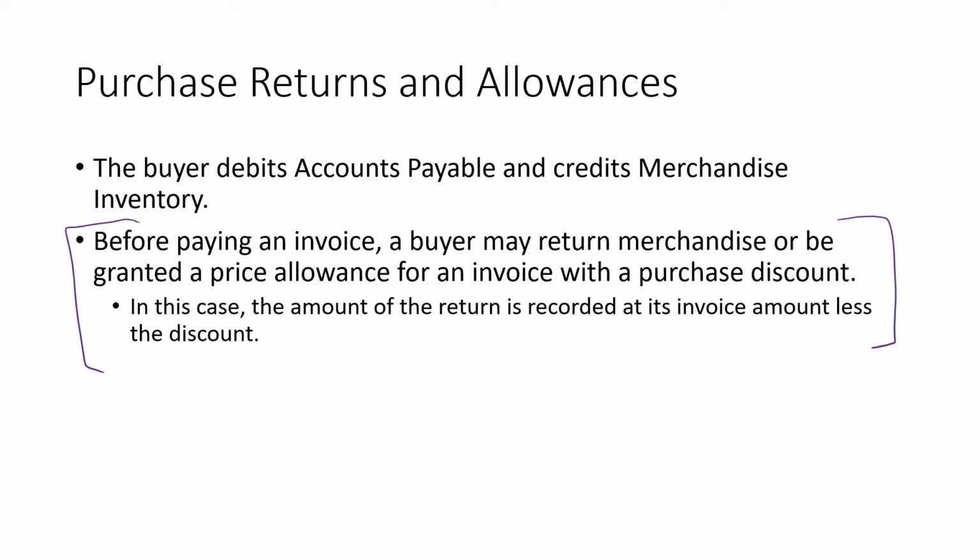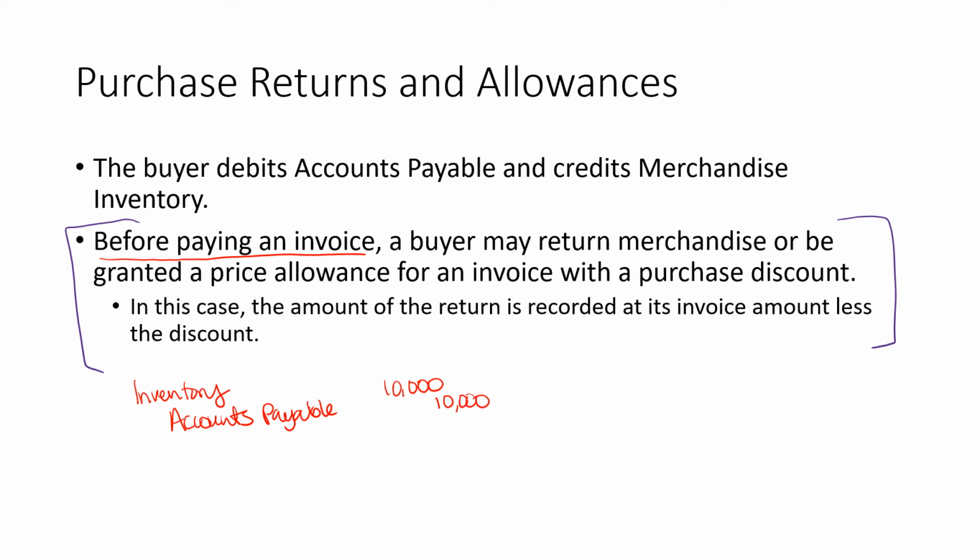Purchase returns and allowances are typically recorded before the buyer pays the invoice. So for example, if the buyer purchased $10,000 of inventory on account, they would debit inventory and credit accounts payable. And we'll say that was for $10,000.